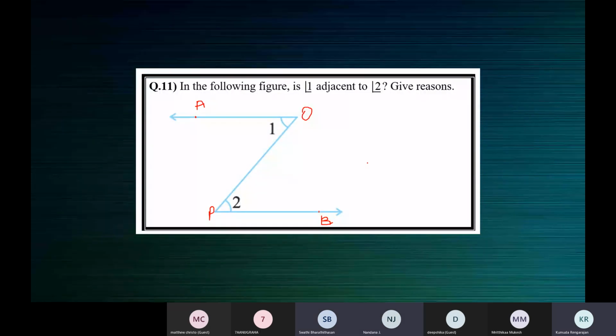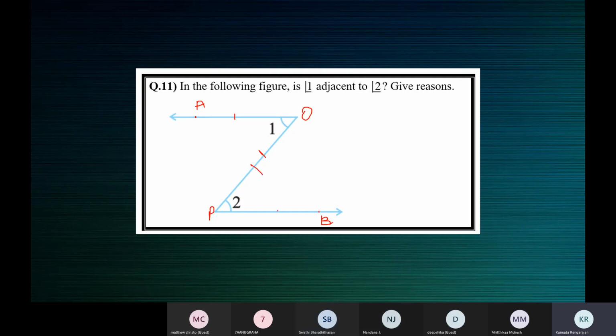P, ma'am. So they don't have a common vertex. Which are the arms of angle 1? OA and OP, ma'am. Arms of angle 2? PO and PB, ma'am.